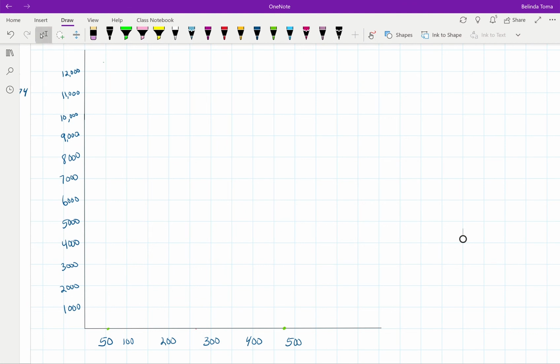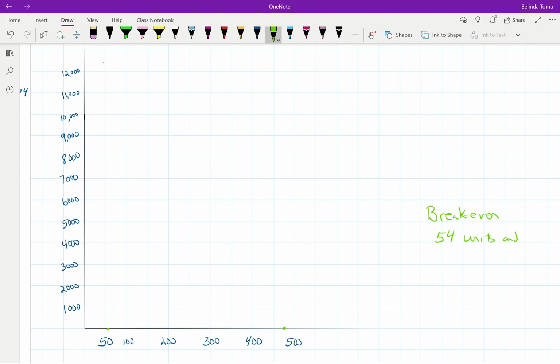So if you remember in part A, what we did was we found the break-even numbers. And the break-even numbers were 54 units, and 474.